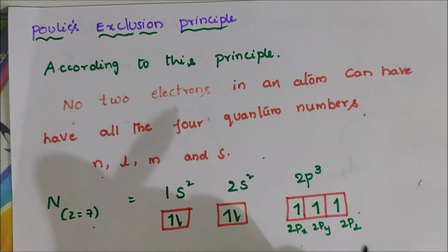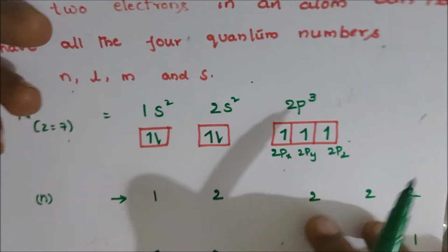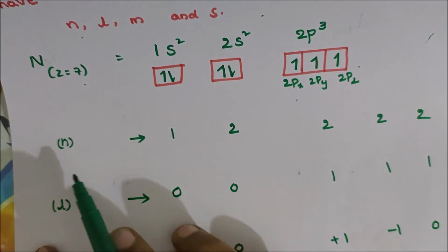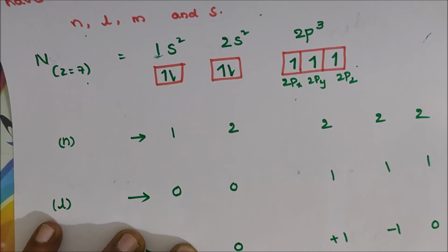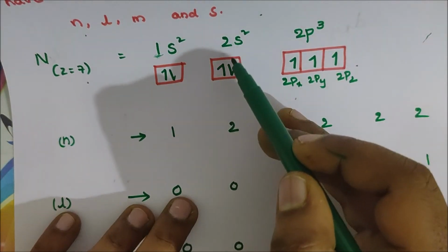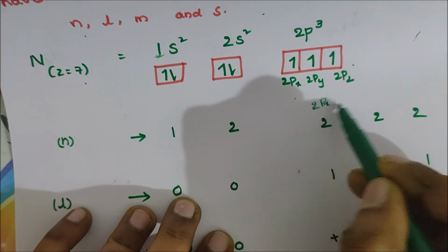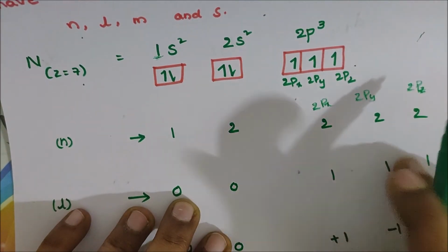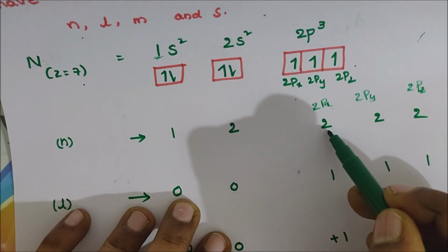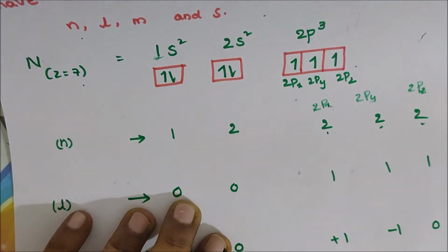Considering the n value, the principal quantum number: for the 1s orbital it is 1, for the 2s orbital 2, and the 2p orbitals have 2, 2, 2. That is called 2px, 2py, 2pz degenerate orbitals. So in px the n value is 2, py also 2, and pz also 2.